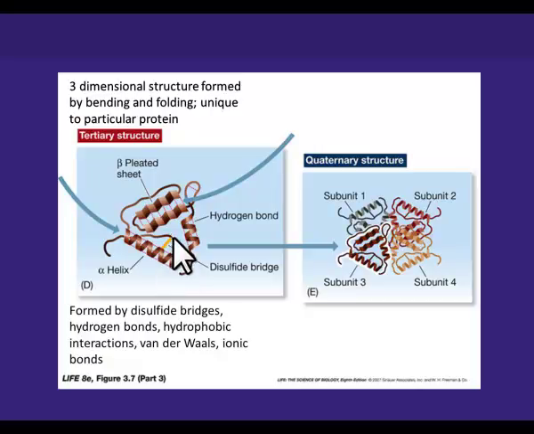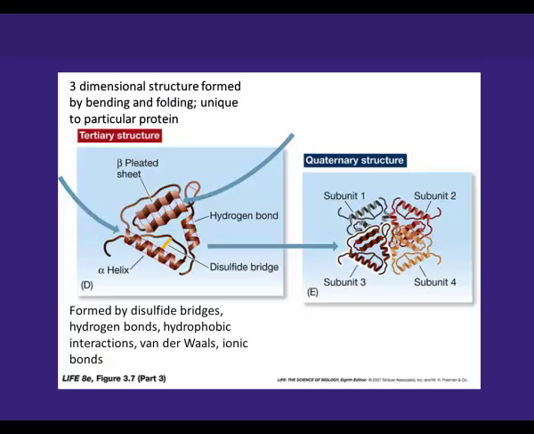In this diagram, this yellow bar shows an example of one of these disulfide bridges, and you can see that it actually helps stabilize a structure between an alpha helix part of a protein and a linear part of a protein. In addition to the disulfide bridges, hydrogen bonds, hydrophobic interactions, ionic bonds, and a weak force called a van der Waals force are all involved in this three-dimensional folding of a protein that gives rise to its tertiary structure.